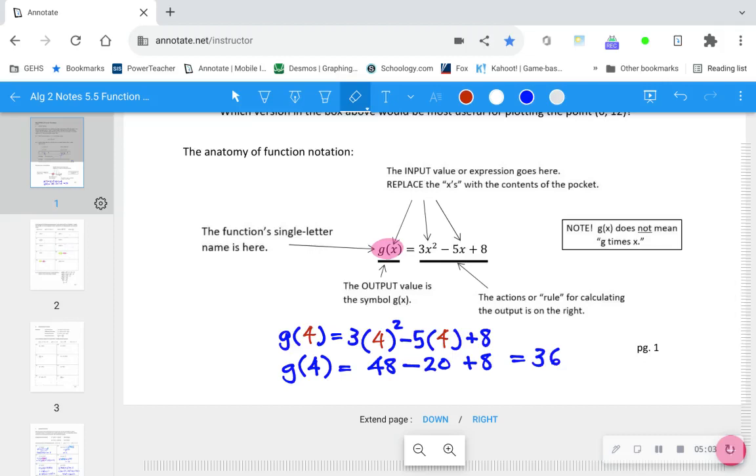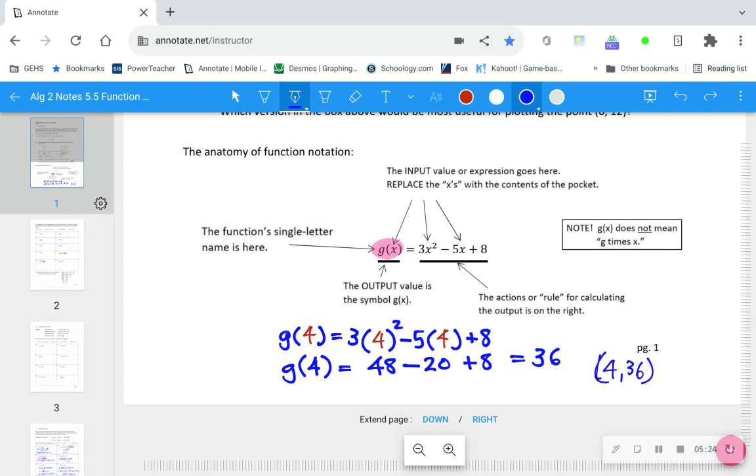So we just discovered that the point 4 for x and 36 for y is on the graph of this function. Now, that's way up high, so you'd have to have a big old graph to get this thing actually plotted, but you get the idea.